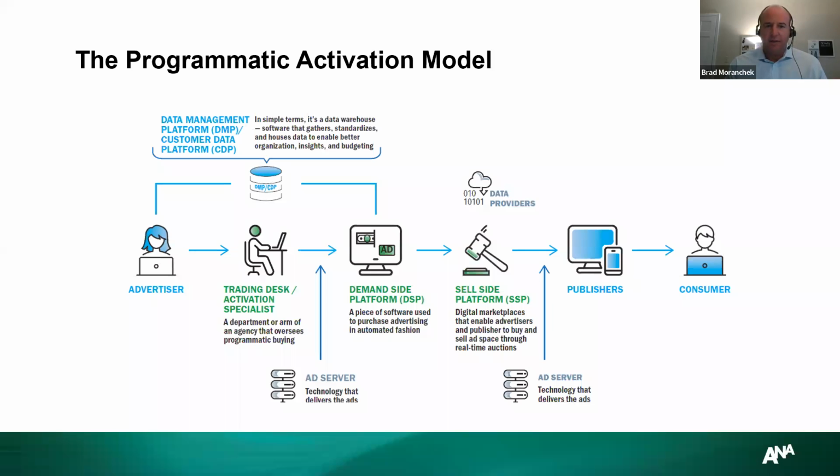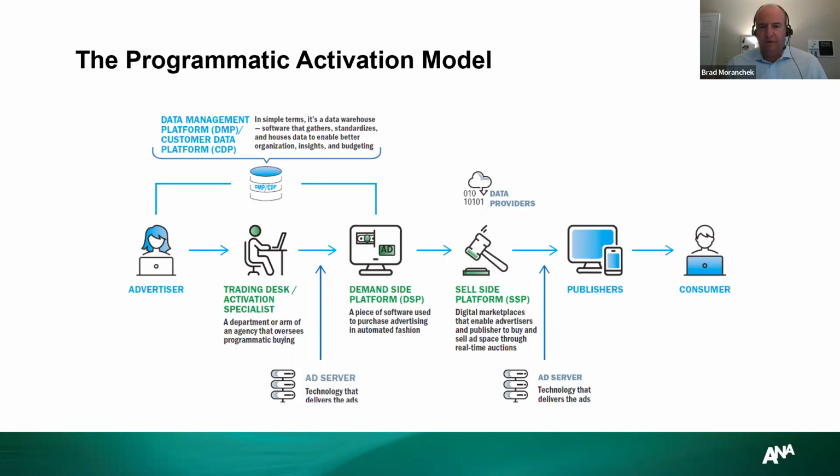In all honesty, right now, as cookies are going away, DMPs are probably less of a big thing than they used to be a few years ago. They're still out there. CDPs are probably more preferred, but these are the things that really help you organize data, warehouse data to find insights, help with budgeting, all these kinds of things. So that's a little technology that exists on top of it.